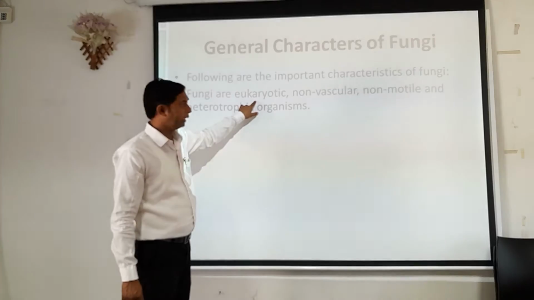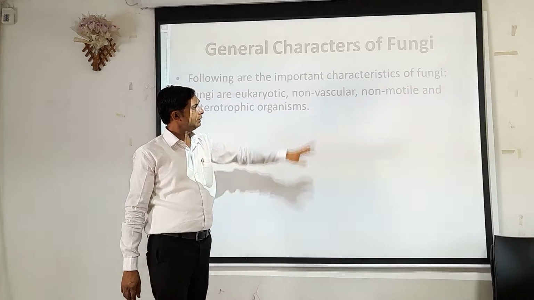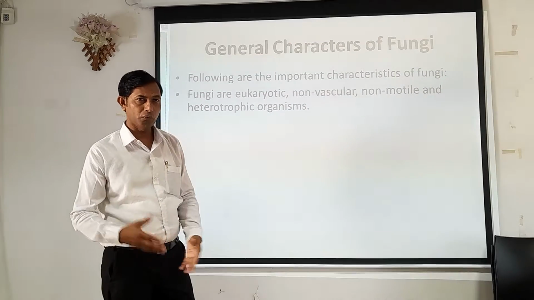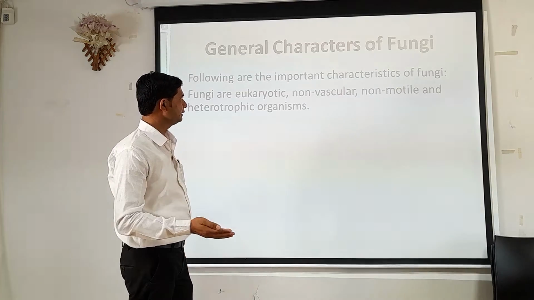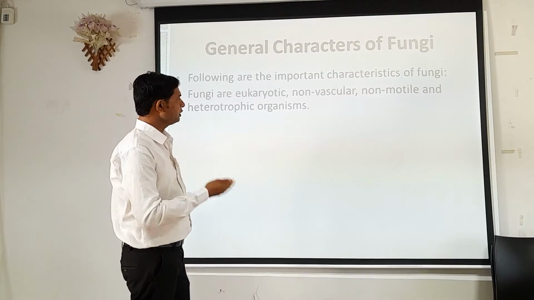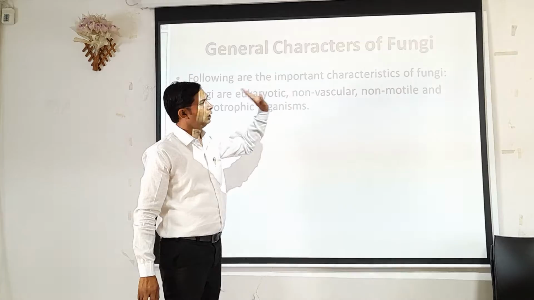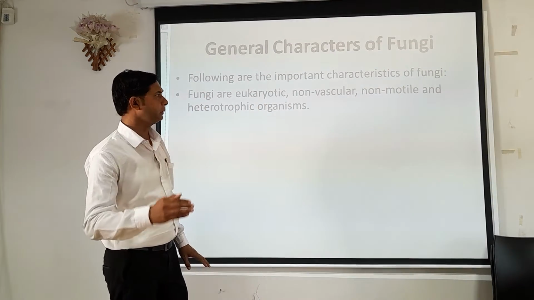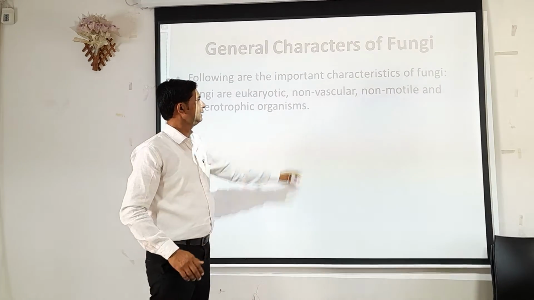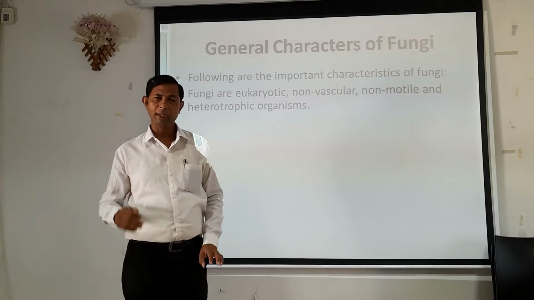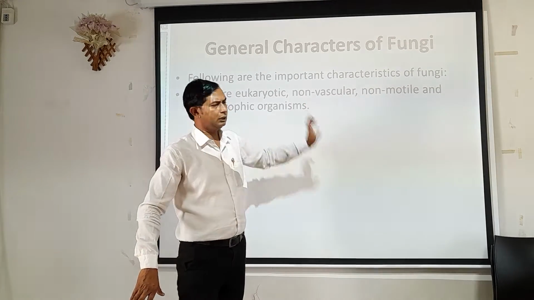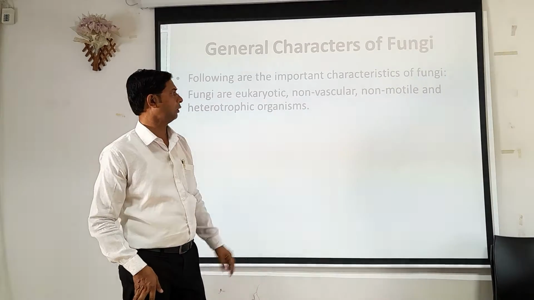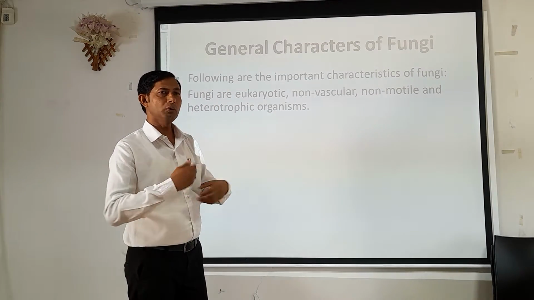Now the next one is non-vascular, meaning there is no vascular development, no vascular bundles, or the vascular system is not developed in fungi. When we compare fungi with plants, we can say they are non-vascular, whereas plants are generally known as vascular organisms, as they have a developed vascular system.